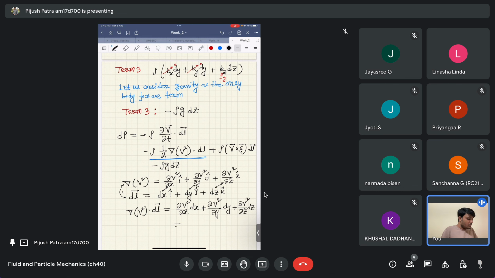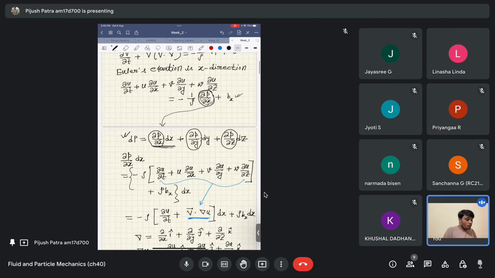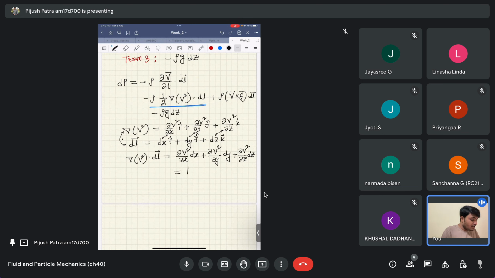Can someone tell me what this term is? It looks like what we wrote for the pressure initially, that dp is equal to dou p dou x into dx plus dou p dou y into dy plus dou p dou z into dz. So I can write simply d of v square, because that's the rule for total derivatives in case of partial derivatives.